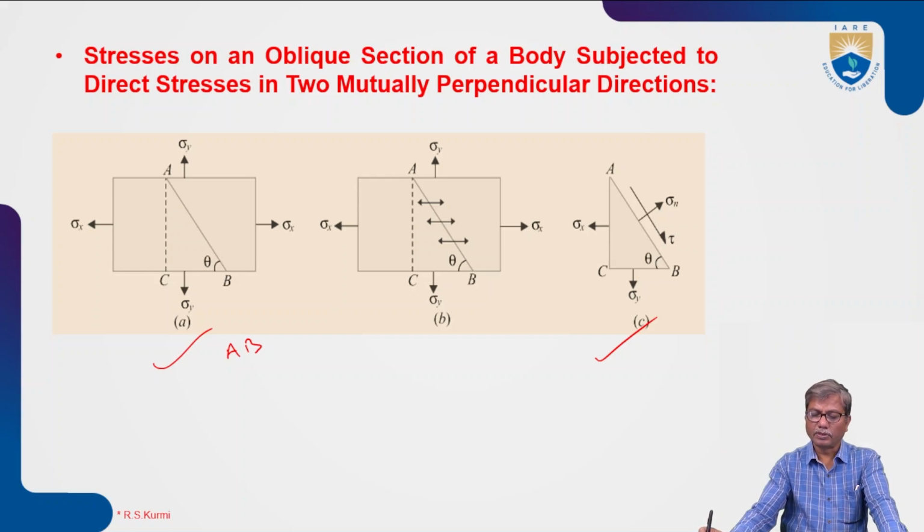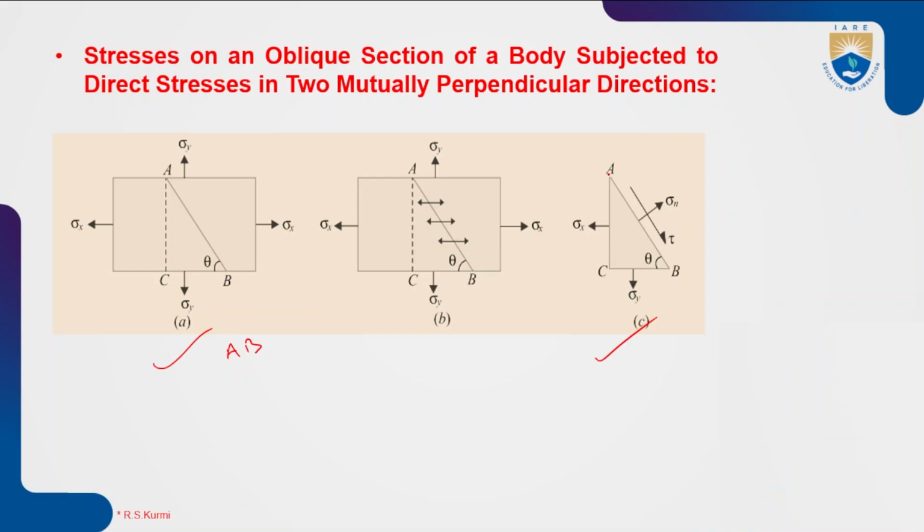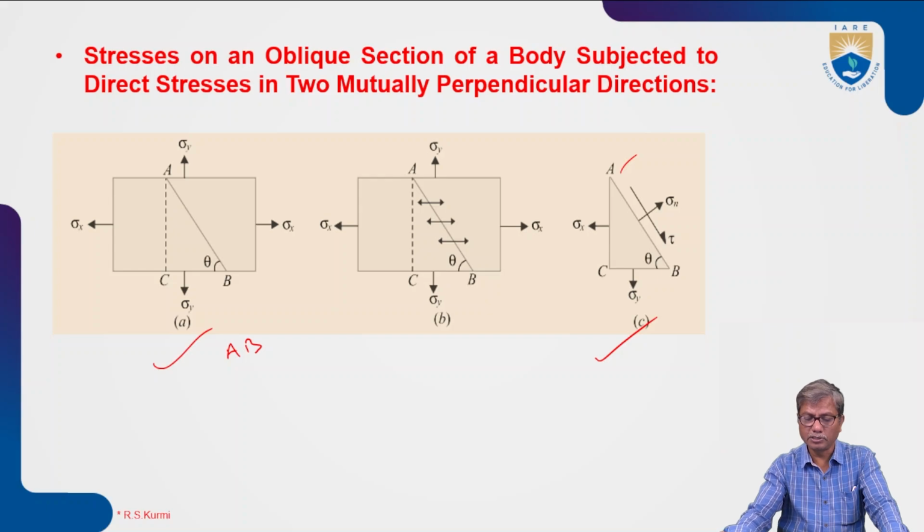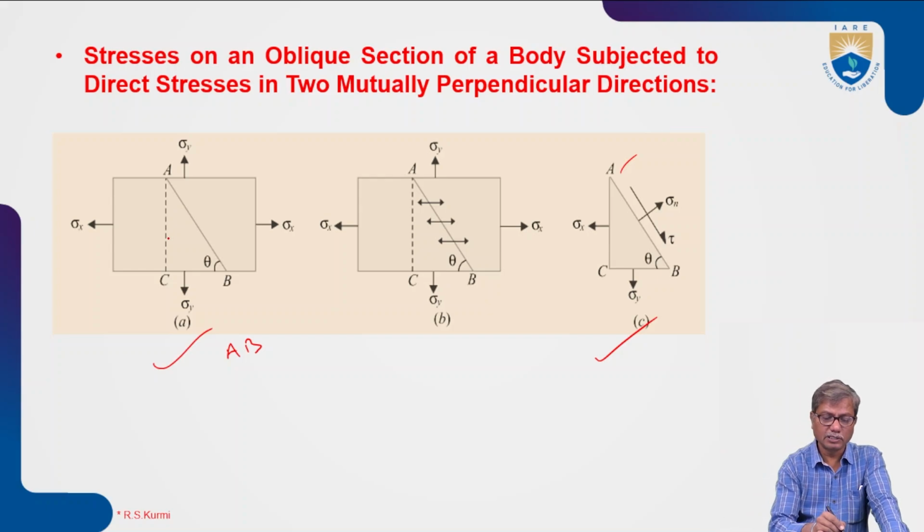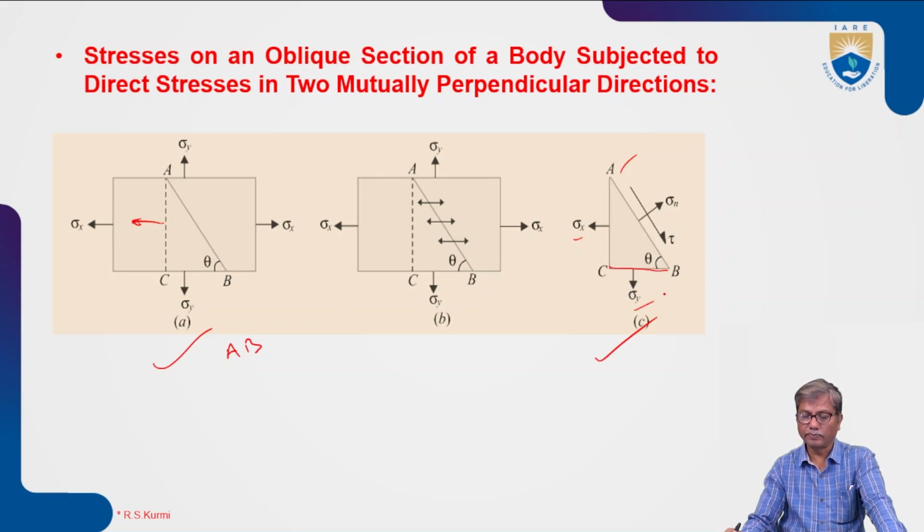If you consider the portion ABC, the stress acting on AC is sigma x. The stress acting on BC is sigma y.